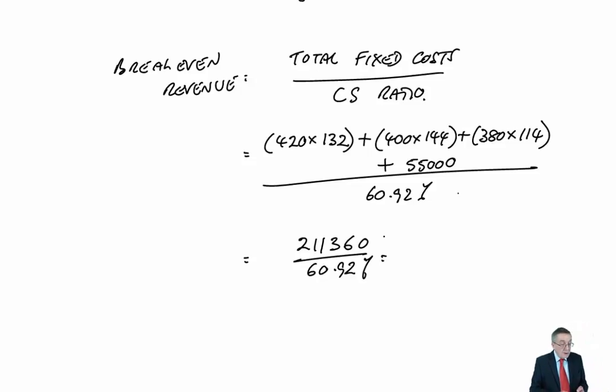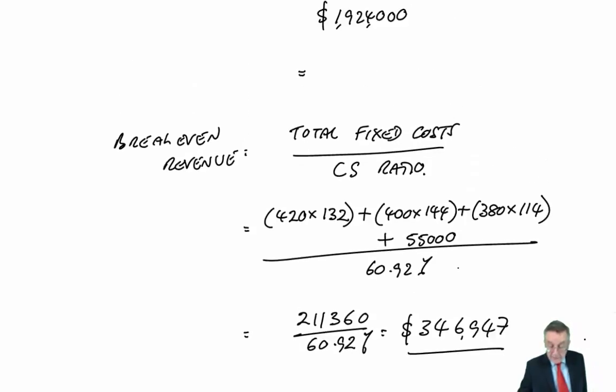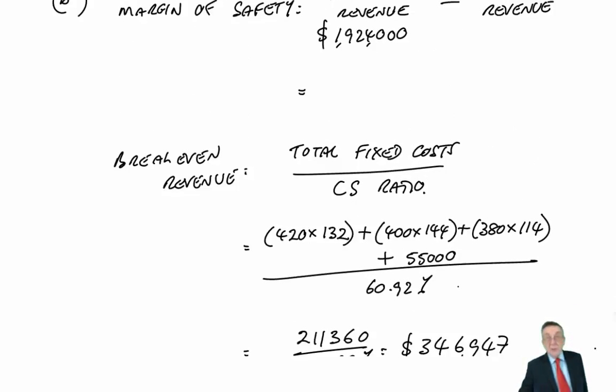And if we divide by the CS ratio, 0.6092, it gives me a break-even revenue of 346,947. And why did I want that? Well, remember, it was the margin of safety we were after. Currently, we're budgeting on revenue of 1.924 million.